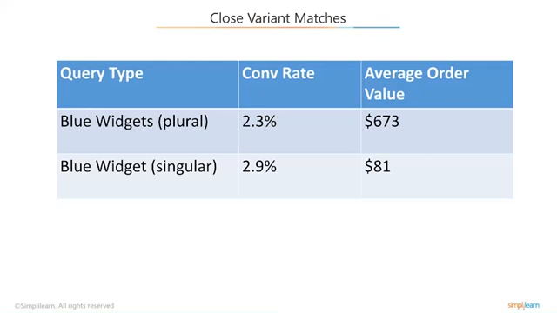If someone searches for something like blue widget, singular, they have a high conversion rate, 2.9, but an $81 average order. If they search the plural version of the same word, the conversion rate drops a little bit. Their average order value goes to 673. That's a dramatic difference. That singular S makes a huge difference in how much they're willing to bid for that keyword. So best practice says right here, we should stop and we should manage our ad groups, singular versus plural.